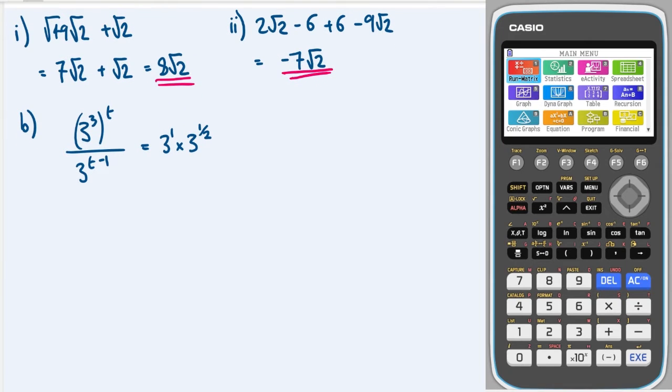Okay, do some simplifying. We've got this bracket rule here, which means we multiply the two powers, so we get 3 to the 3t. And over this side, we're going to get 3 to the 1.5, or 3 over 2.